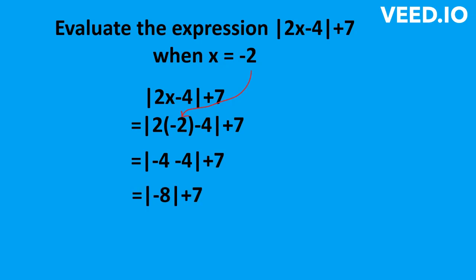Absolute value of minus 8 is 8. 8 plus 7 is 15. So I hope you got an idea of absolute value.